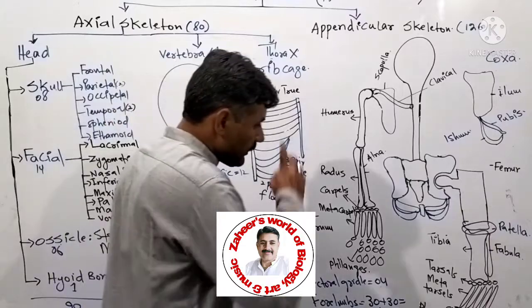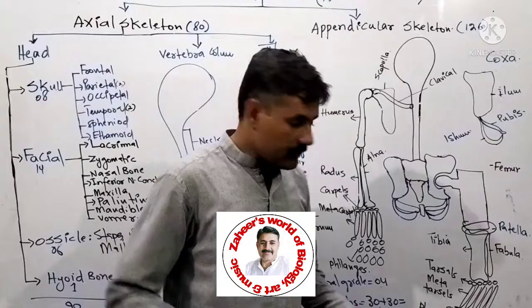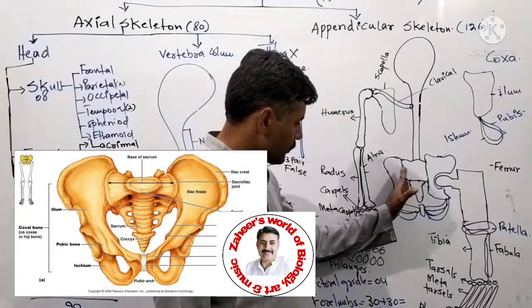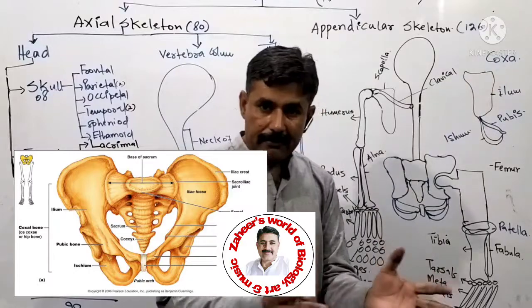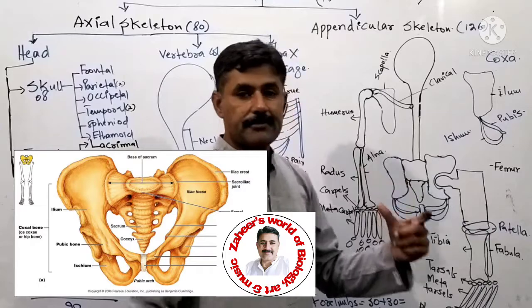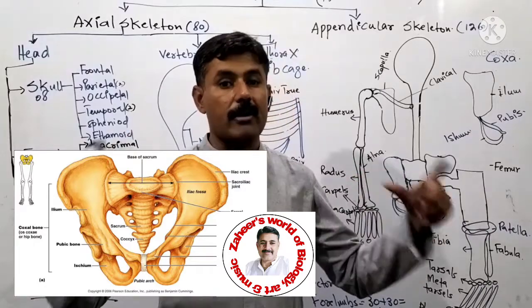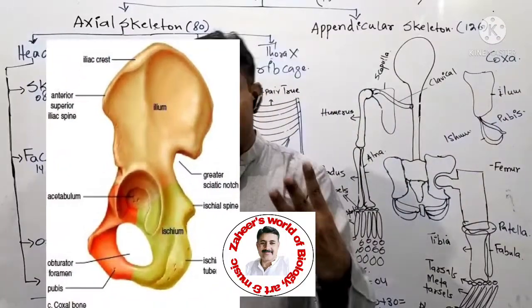Similarly, there is another girdle called the pelvic girdle, which is formed when the sacrum fuses with the ilium and the other bones of the coxa that form a girdle called the pelvic girdle. Actually, the pelvic girdle is formed by 2 coxa bones. And each coxa bone is a fusion of 3 bones.